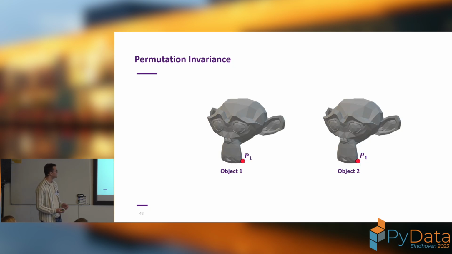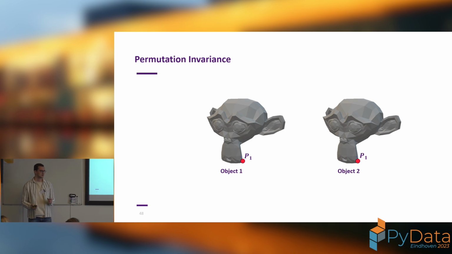But yet we cannot directly apply these networks to point clouds. And the reason why is because point clouds have an irregular structure. And so what this means, I can best illustrate with an example. So again, you have two monkeys, two objects, and you represent them by a set of points. And if you look at the first point in your set, it will maybe refer to the same area.